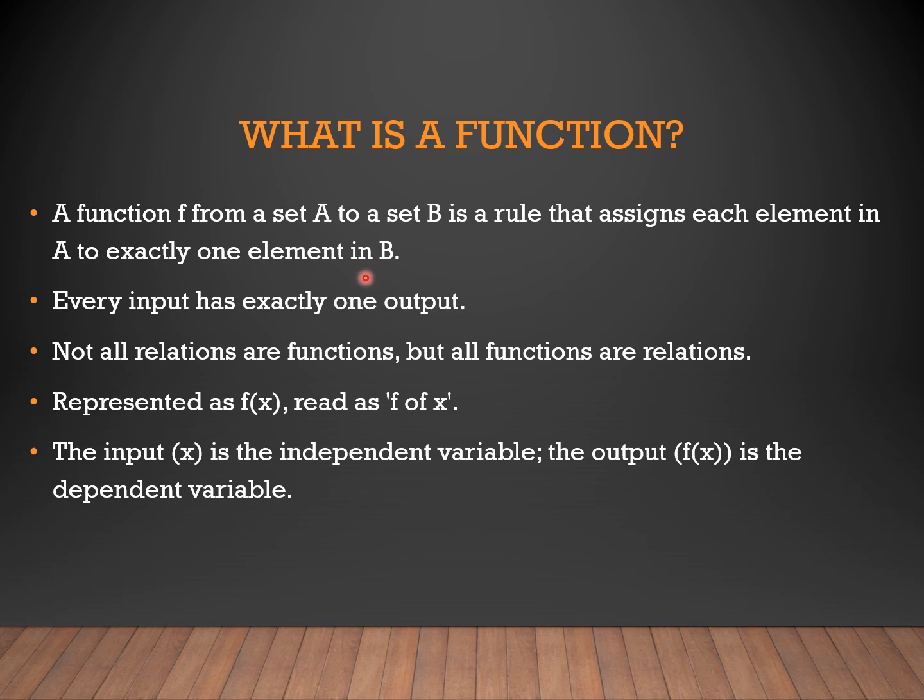It means that we are talking about a relation between two sets, which is the set A and set B, where you see each of the elements in A having exactly one element in B. So we can also put it in this way that every input has exactly one output.